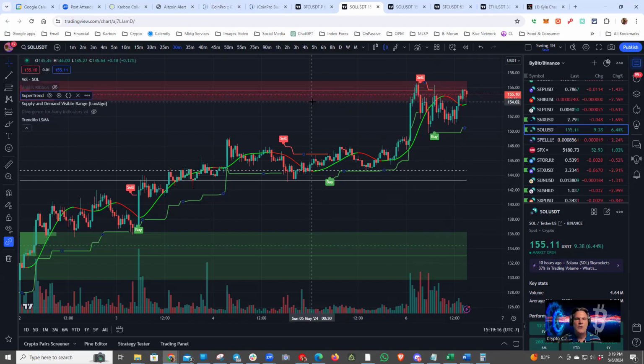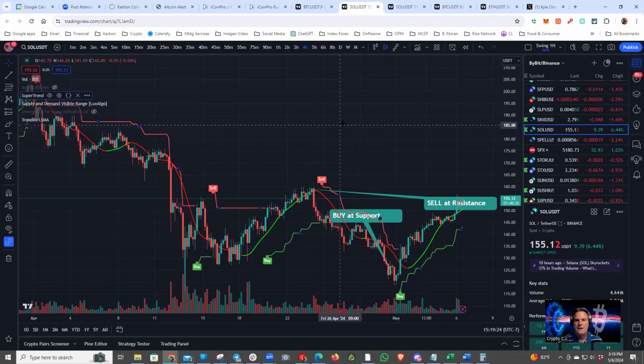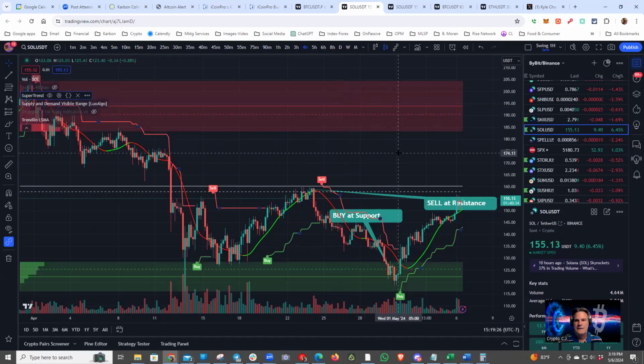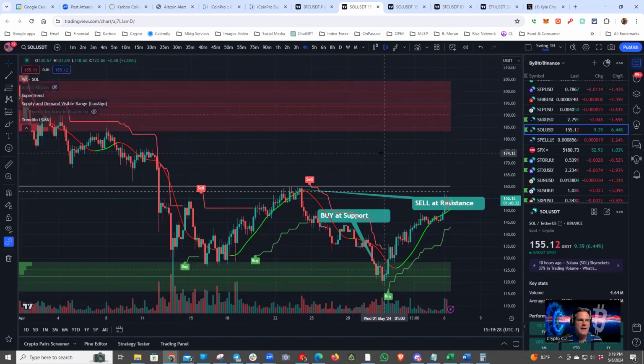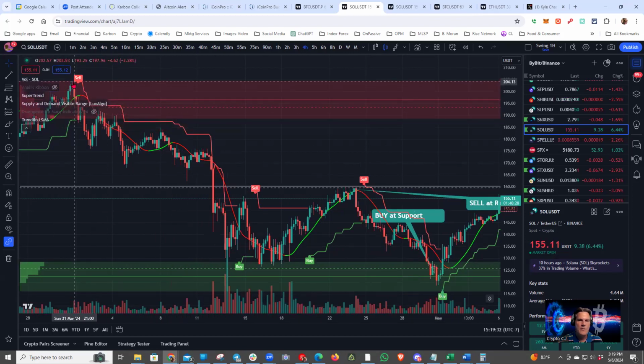If you anticipate holding a coin longer, say, hey CJ, I'm going to be in this for a month, that's when you want to go to your longer time frames and look at those areas of resistance. And I remembered that it wasn't that long ago, the end of March, Solana was over 200.